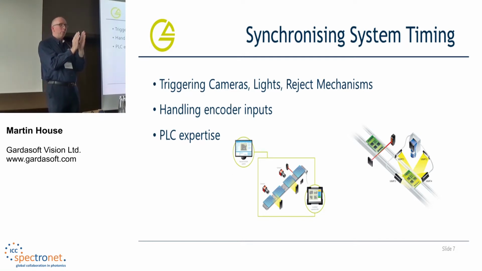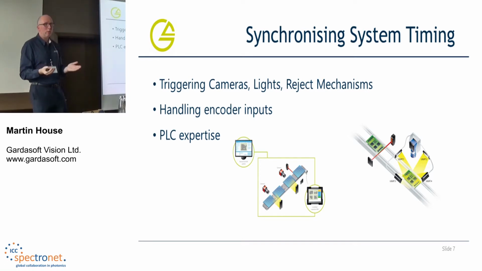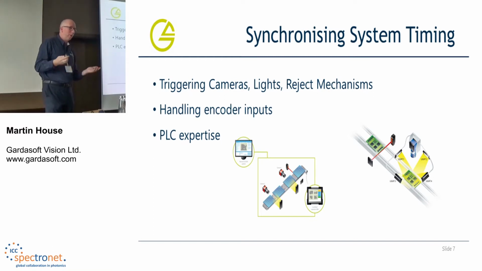You only have to have your lighting pulse a little bit off, going a little bit outside of your camera exposure, and instantly you're losing a lot of your illumination. You'll have a false reject, and the system will start to fail. The nice thing about having off-the-shelf timing controllers is you don't need to be a PLC expert. You can just use the proprietary software in the timing controller to help you synchronize all your system.